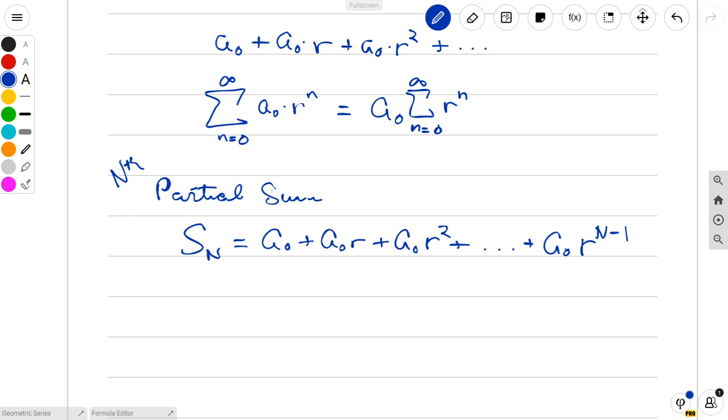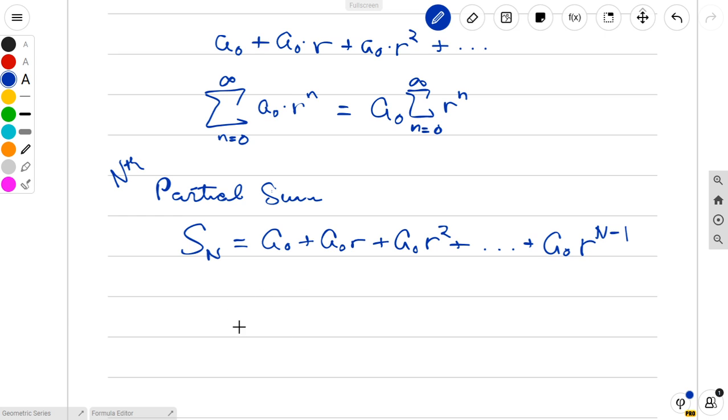That's actually going to have n terms to it, because if I had this as being n, you'd actually have n plus 1 terms if you consider the exponent starting at 0, right? So this here is our nth partial sum.